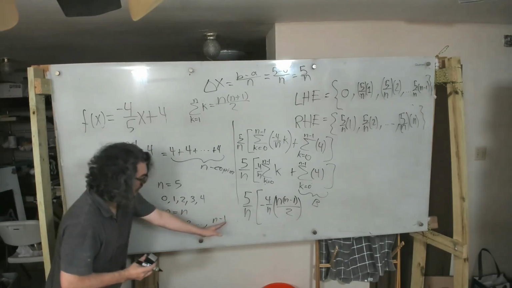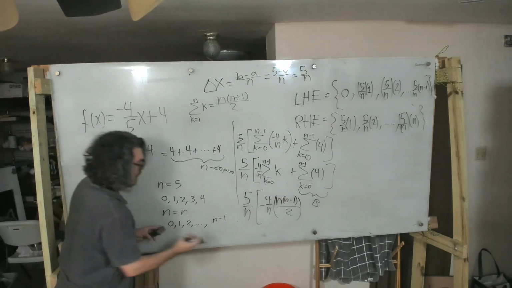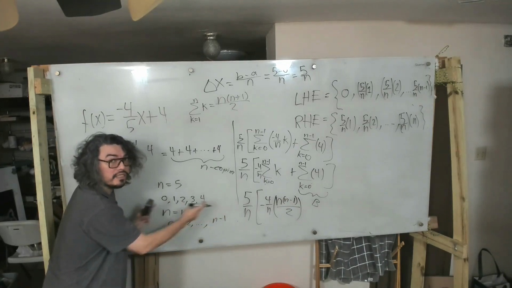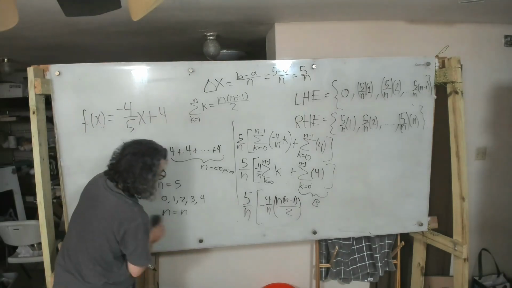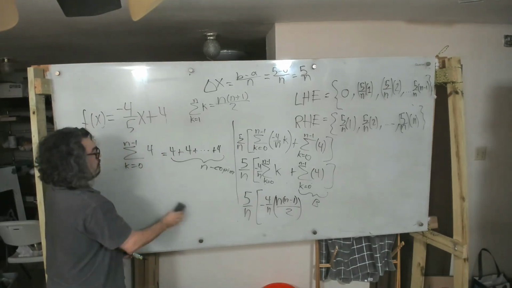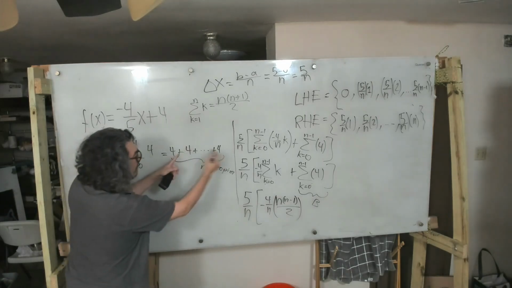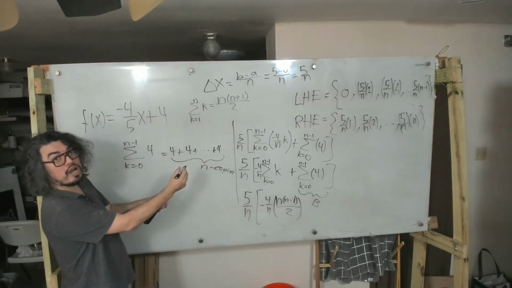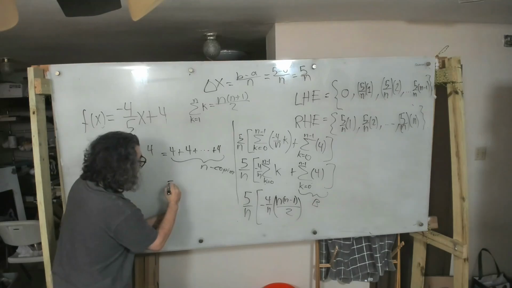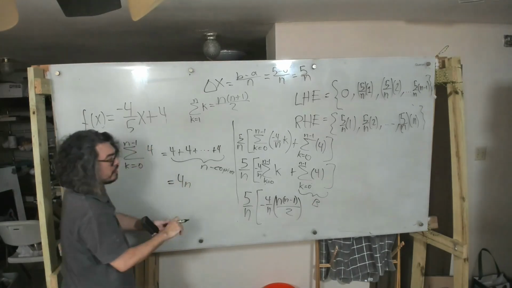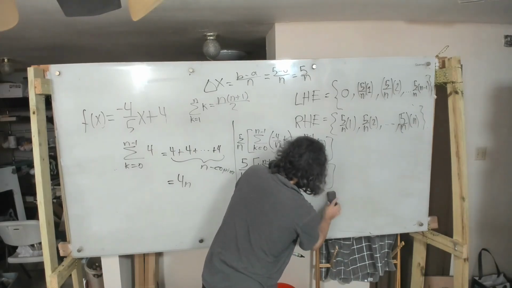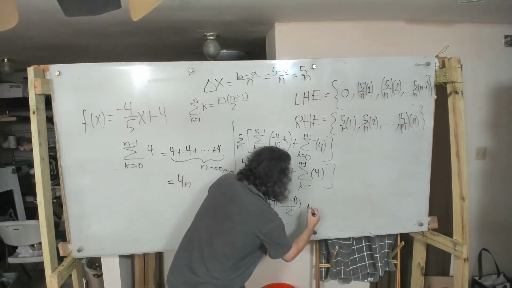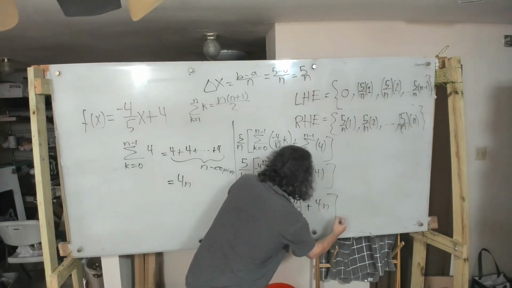Or we can see this as being 1 through n, shifted to the left 1 unit. These are different ways of seeing that it is in fact n copies. If we have n copies of 4 being added, that's 4n. So this term here is plus 4n.